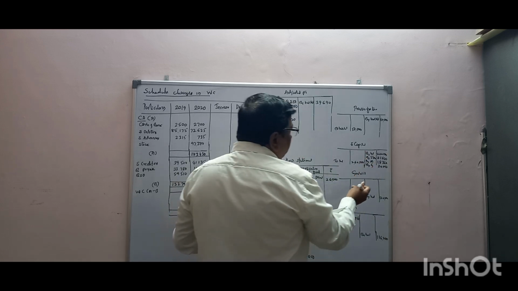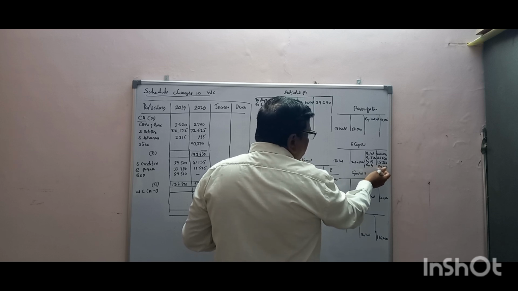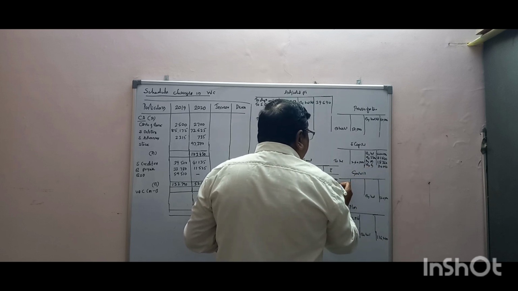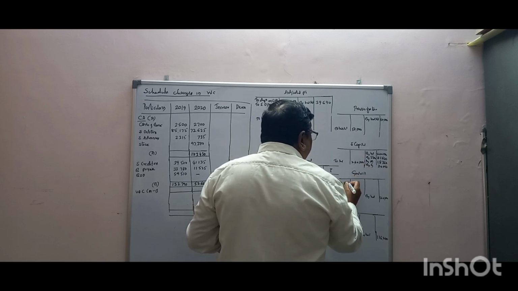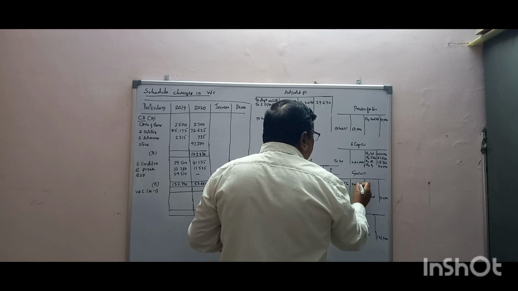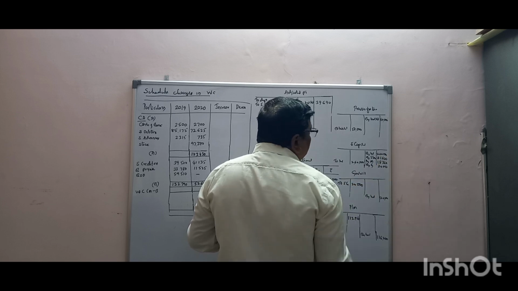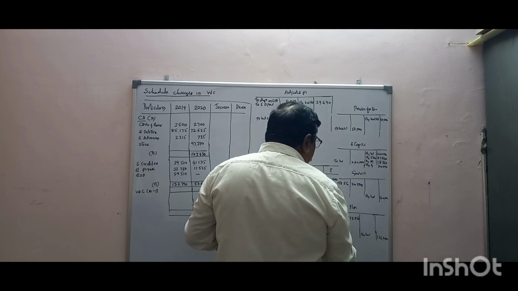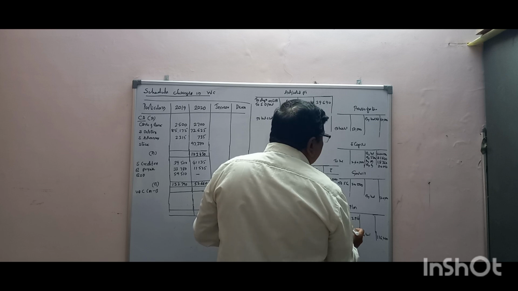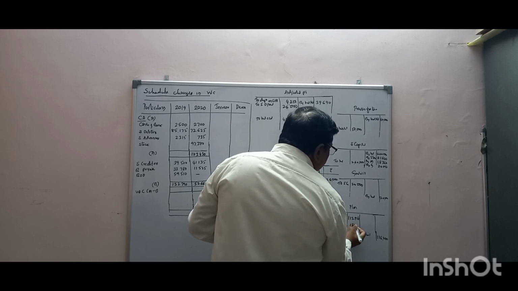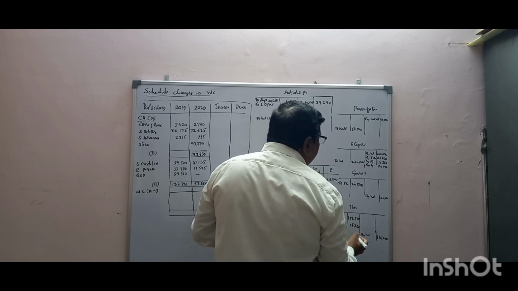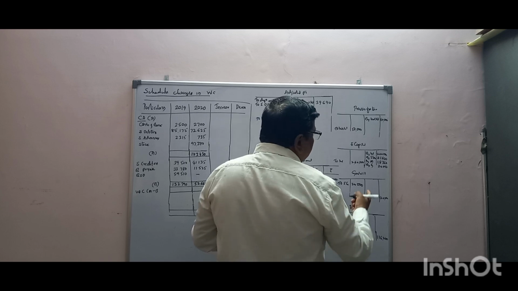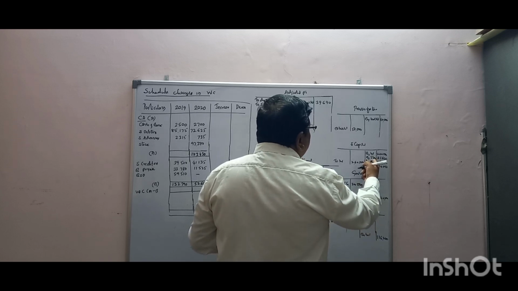In the goodwill account, by goodwill to share capital 20,000, and that entry is over. In the machinery account, to share capital 18,360.